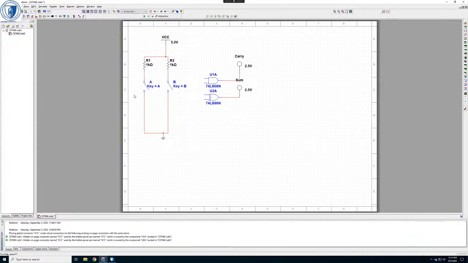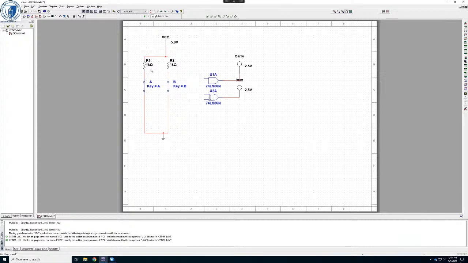If, on the other hand, I close them, now on this side and this side, I've got a direct line to ground. So now my voltage on this side is ground because it's just connected to ground via a wire, and same here, right?